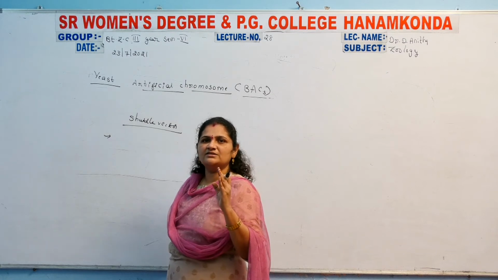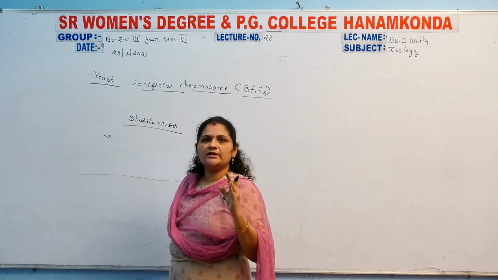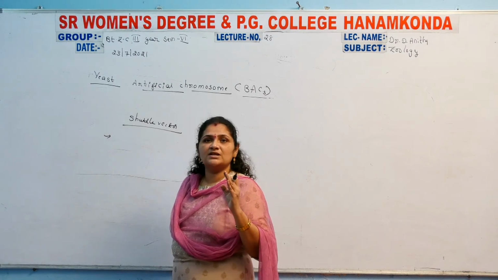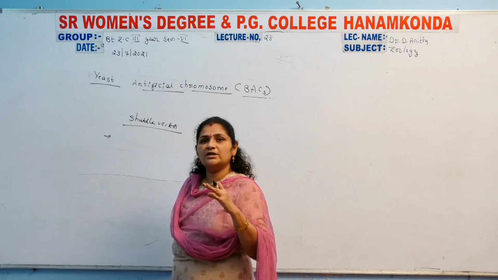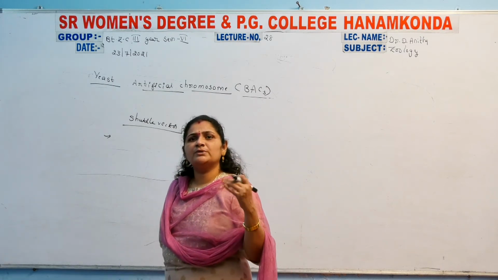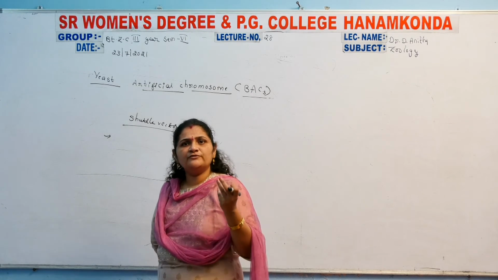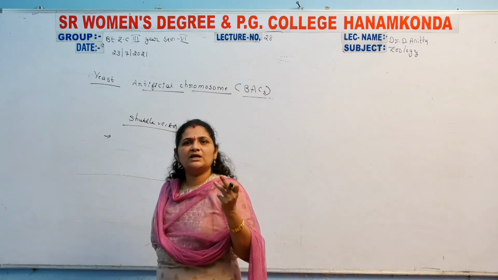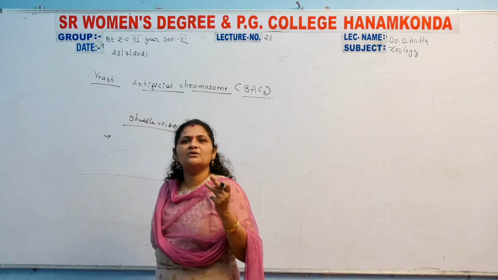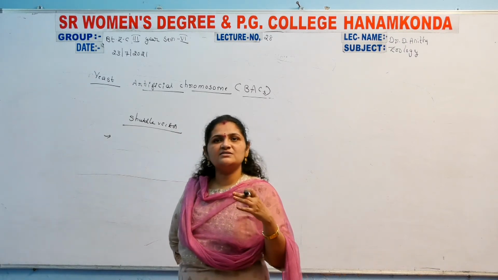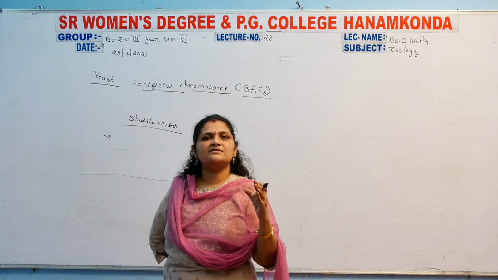Because shuttle vectors are able to replicate inside two different host cells, that is, inside the yeast cell and also inside the human cell. They can replicate inside a number of hosts. That's why this type of yeast artificial chromosome acts as a shuttle vector.